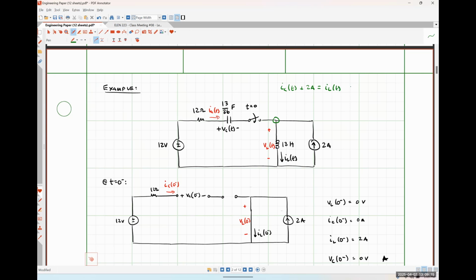So if I can figure out what IC is by knowing essentially what VC is, then I can literally just add 2 amps to that to get my inductor current. So I'm only going to solve a system using VC and IC because that will get me everything that I need.